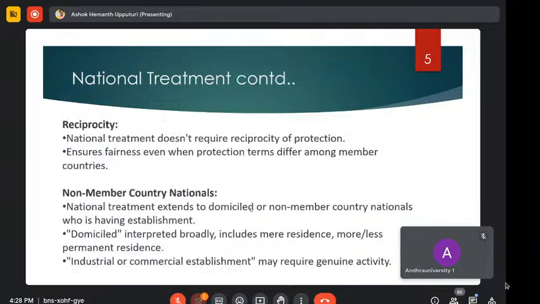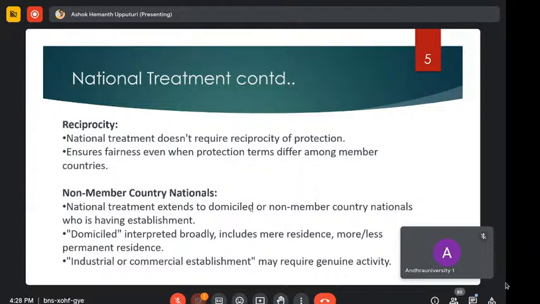Even reciprocity is not needed. For example, national treatment does not require reciprocity of protection. What do you mean by reciprocity here? Imagine the protection term of India is more than another country's. For example, China is giving only 20 years. If any Chinese national is in India, maybe an ordinary resident or something like that, and files a patent here, there is no obligation.